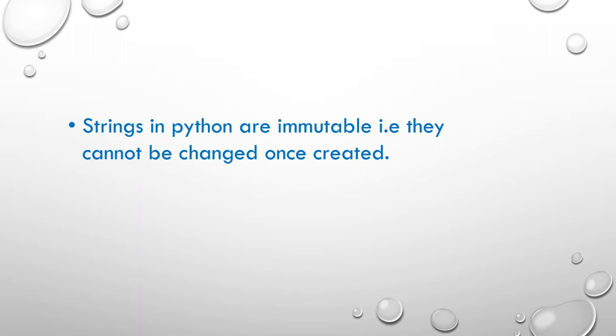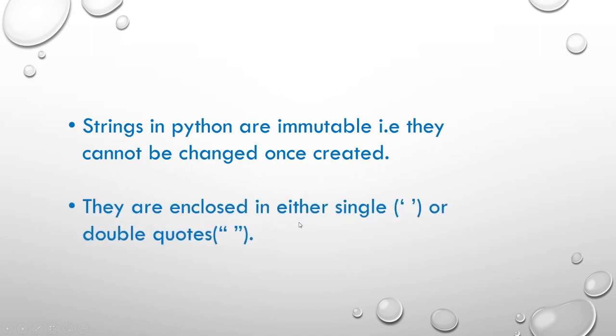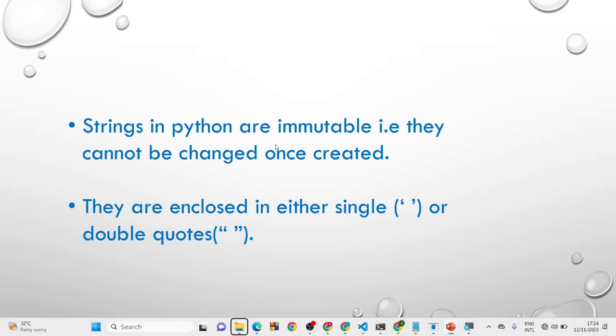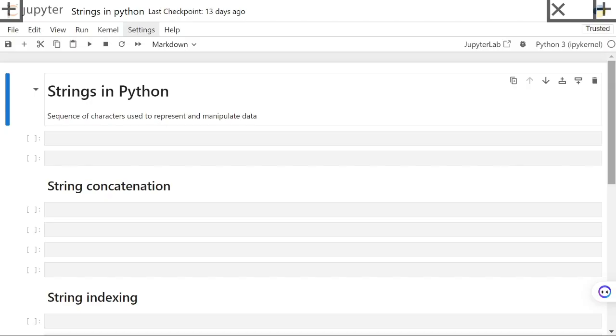I want you to hold that in mind because we are going to look at how that concept works. And they are enclosed in either single or double quotes. Take note of this, because it depends on your preference. Some decide to use a single quote, others a double quote, but both will work as far as Python is concerned.